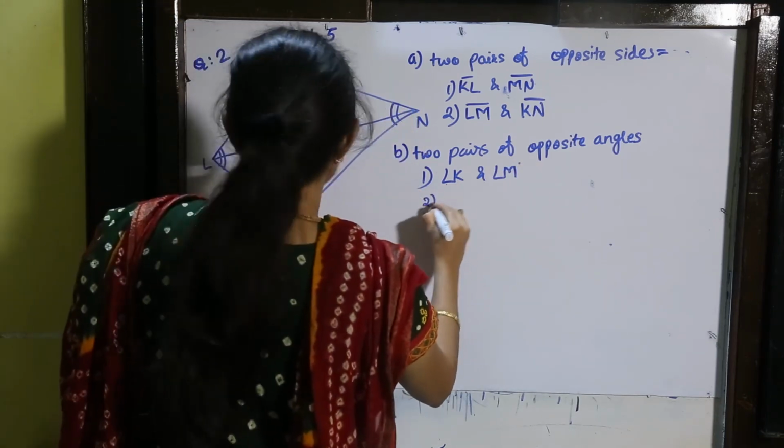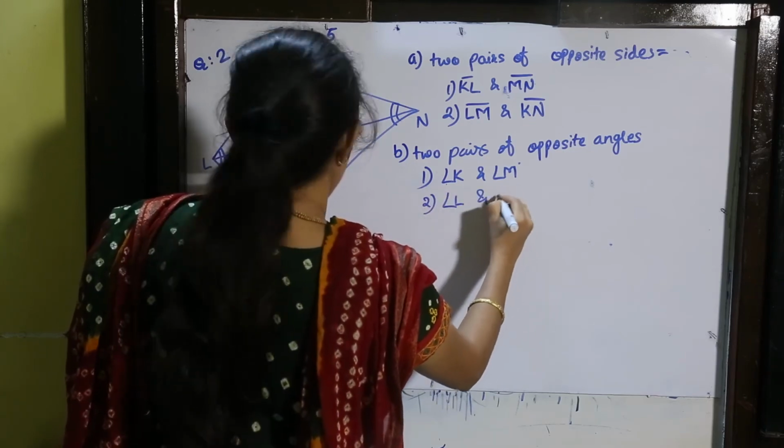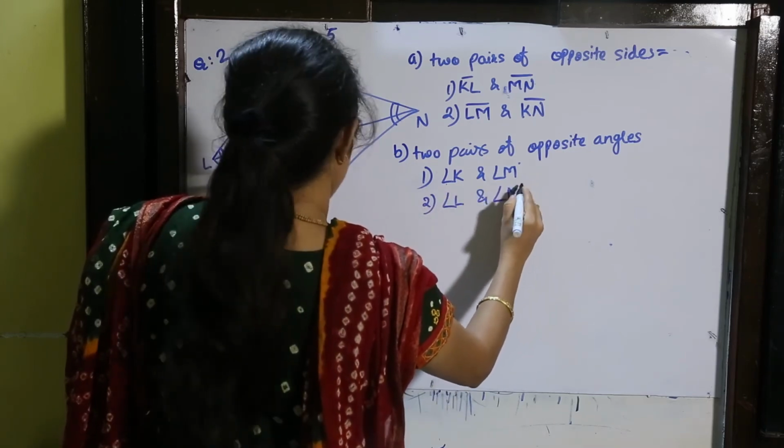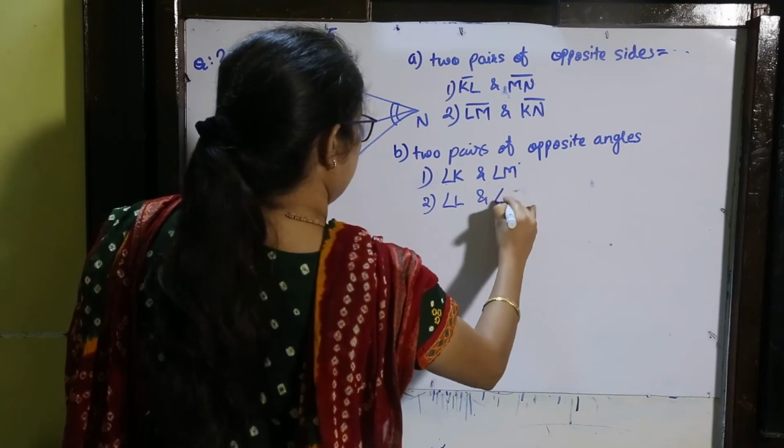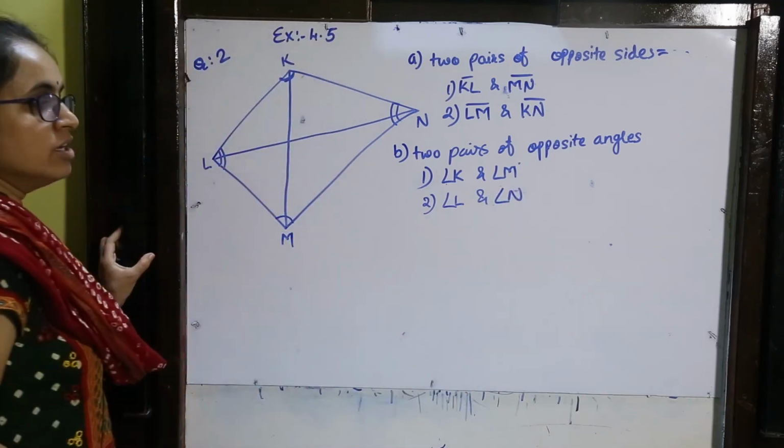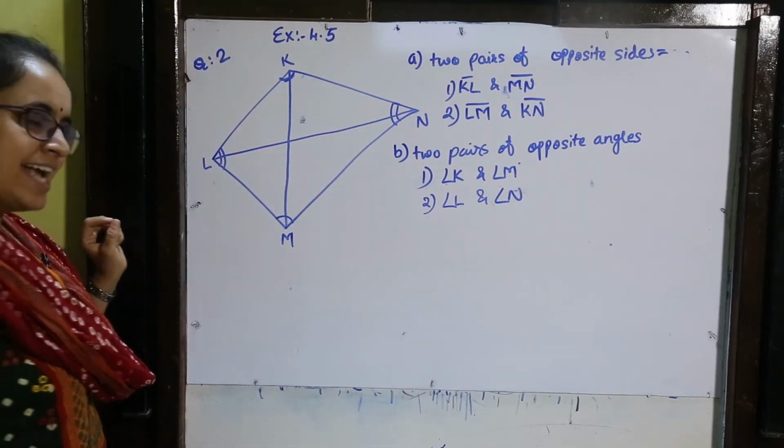So the second is angle L and angle N. Okay, so that's your two pairs of opposite angles.